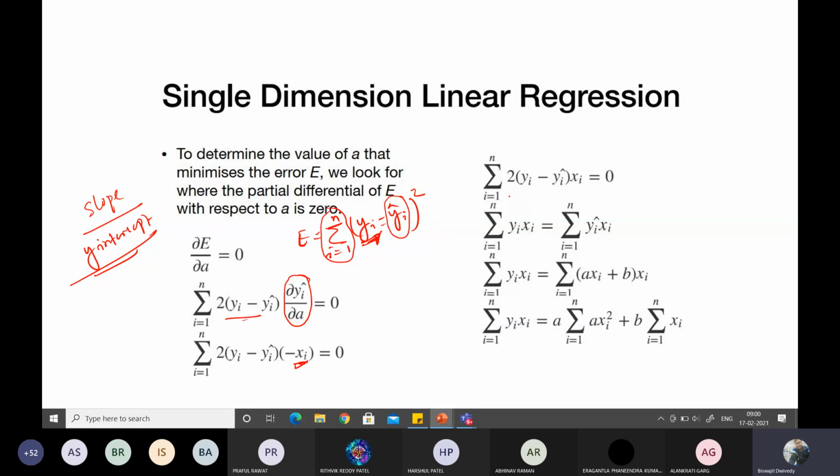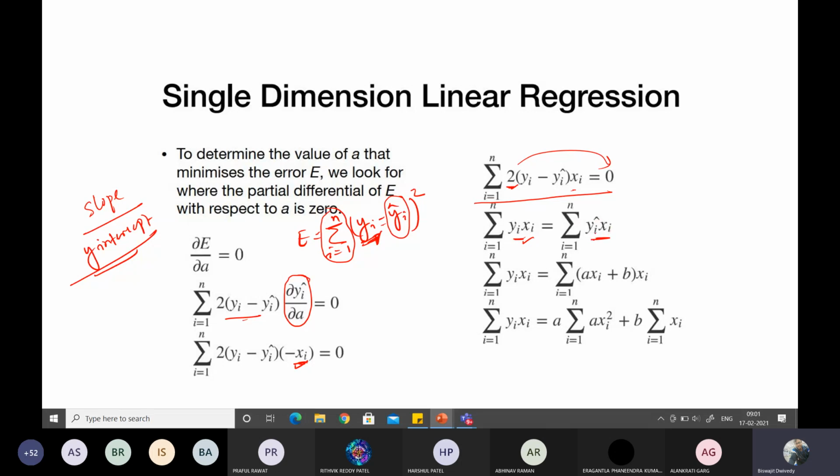Once we have reached this step, we can open that thing. The 2 is one constant, we can neglect it, since we multiply it with 0, and you can open the expression. After opening, on one side you will have yi into xi, and on the right side y predicted into xi.